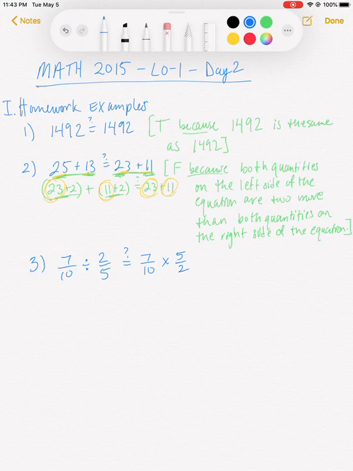Are those quantities the same? Well, we need to make arguments for both. So remember, you take both sides of the equation here, and look at them. We can work comparing each other, or we can simplify one side of the equation to look like the other. Now, when you take 7/10 and you divide by 2/5, what do we have?